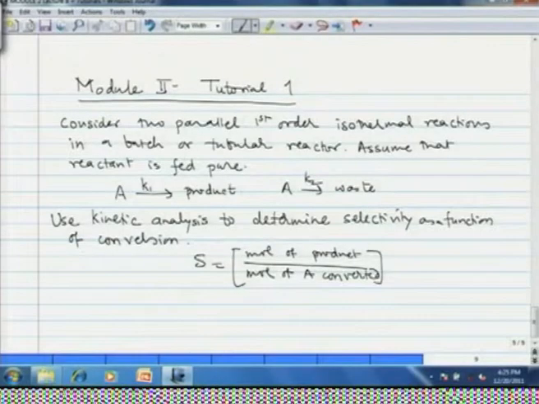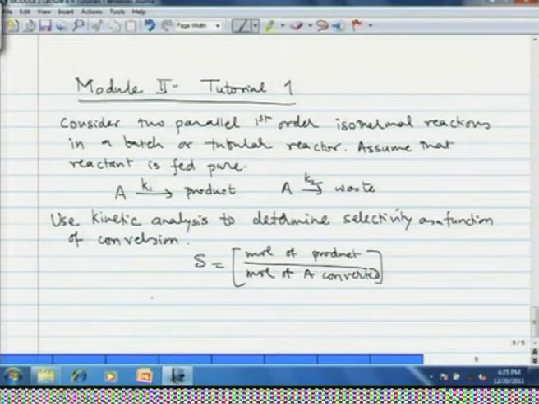Selectivity can also be defined in an alternate way, that moles of desired product divided by moles of undesired product. But however, in the present situation, we are defining selectivity as moles of the product divided by moles of A converted. Okay.